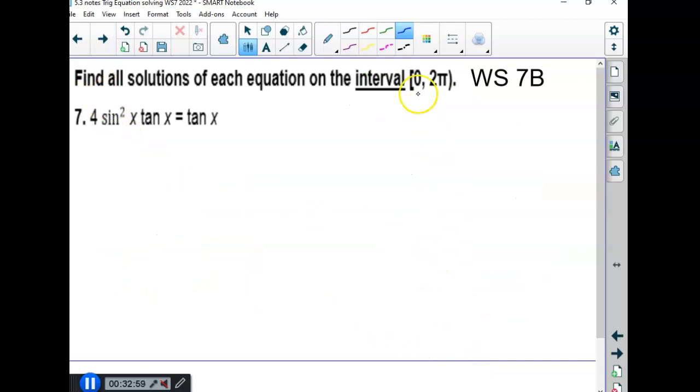Oh, we're still between 0 and 2 pi. That's good news. What do you want to do here? We cannot divide by a trig function, so we're going to subtract this over to the other side. 4 sine squared of x tangent of x minus tangent of x equals 0.